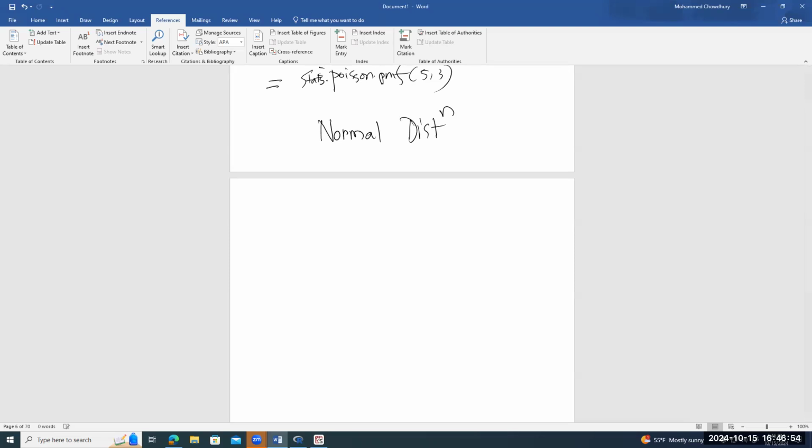Okay, mathematical formula, there are two types of normal distribution. One is standard normal distribution, which has a mathematical form like this, with z square.